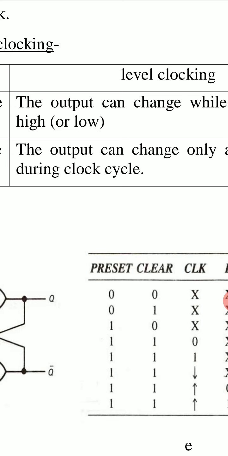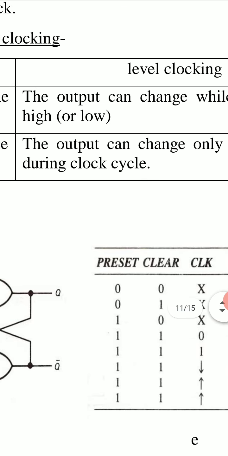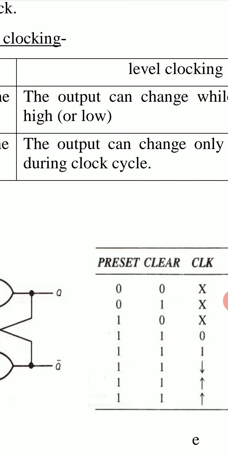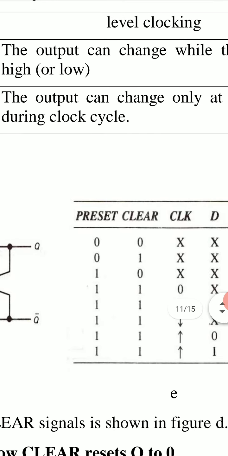correct this. In the case of level clocking, the output changes during the entire half cycle of the clock, either positive half cycle or negative half cycle. So correct this sentence for level clocking.